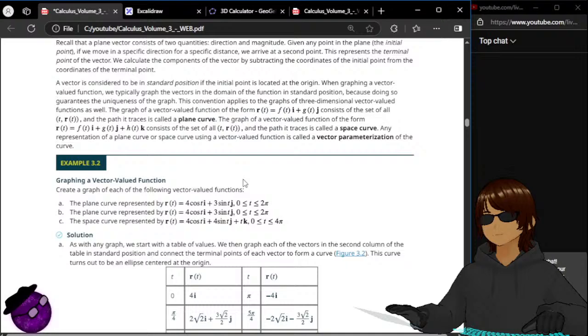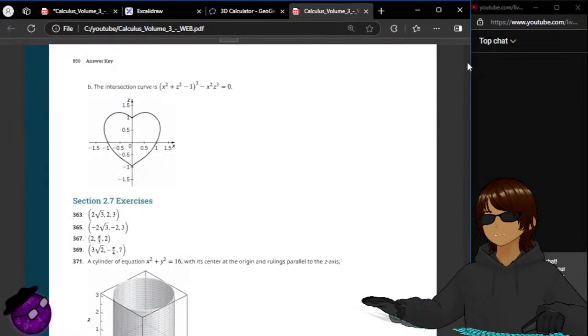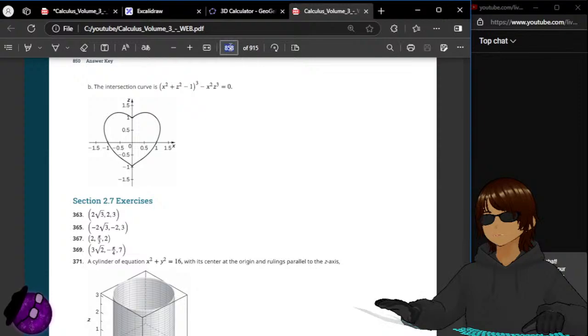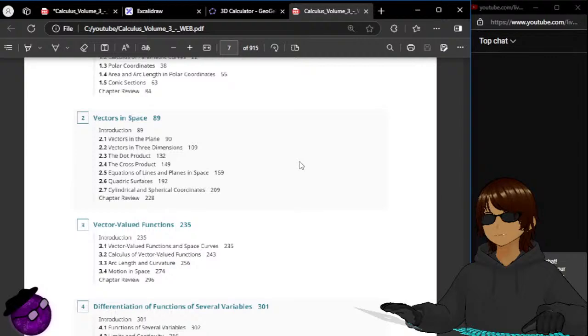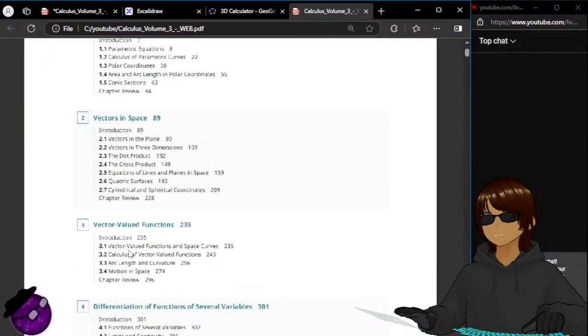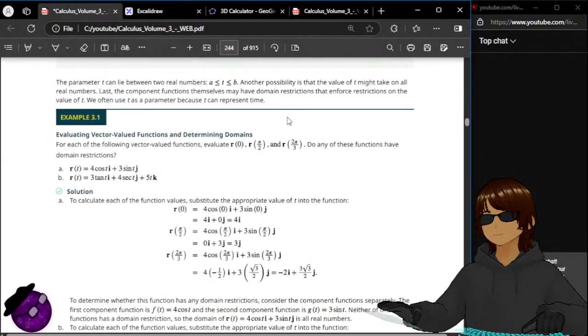How long is this chapter? Let's go to page 10. Vector valued function introduction. Let's just do 3.1 and then I will end the stream.